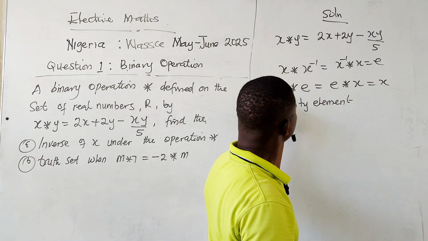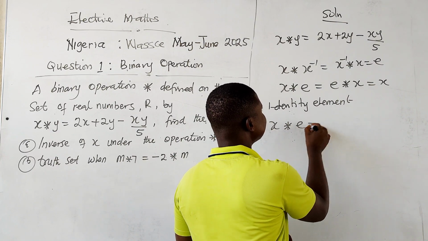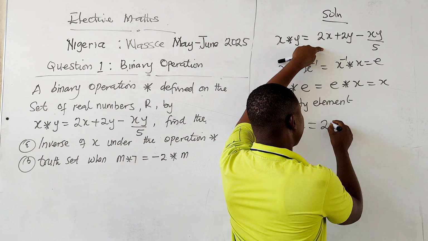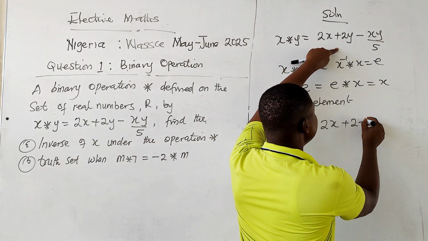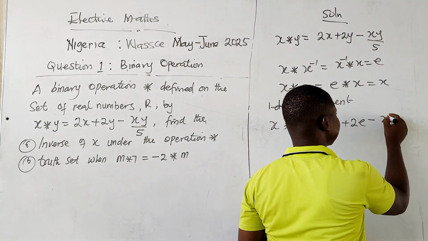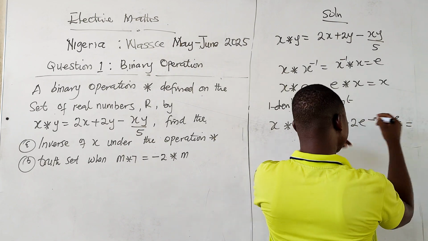So as we said, we pick x operating on the identity element. So we substitute it into this one: 2x plus 2e, because wherever you see y becomes e, minus xe over 5 should give you the same number, x.